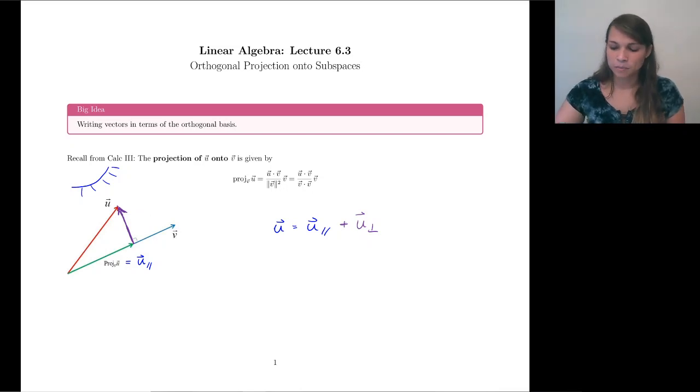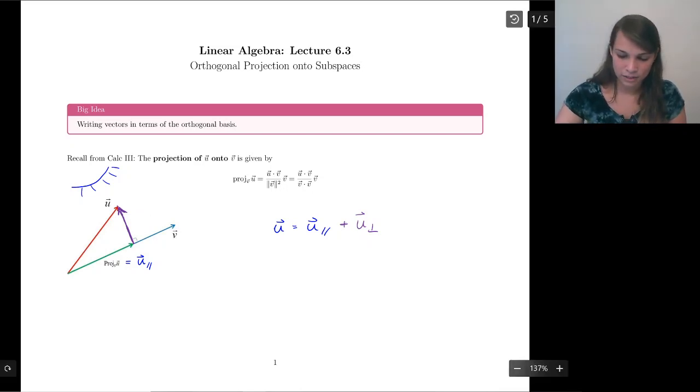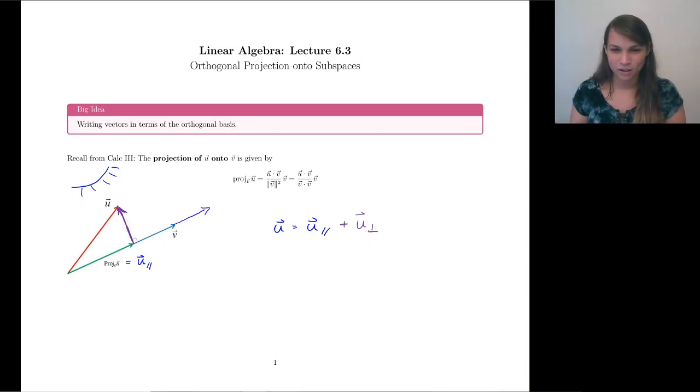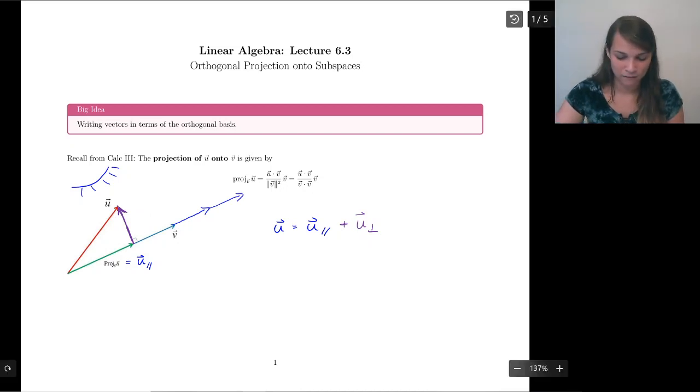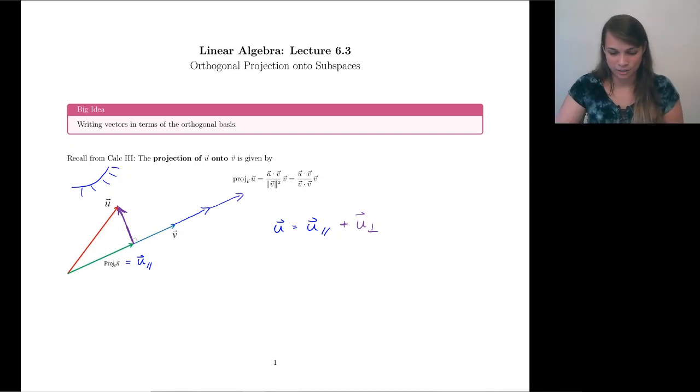But notice, I want to point something out that's kind of interesting. I hadn't really thought about this before I had to explain it, actually. If V had been longer, then the projection of U wouldn't have changed. We don't really care how far out V goes. The projection's not changing. The shadow stays exactly where it was.